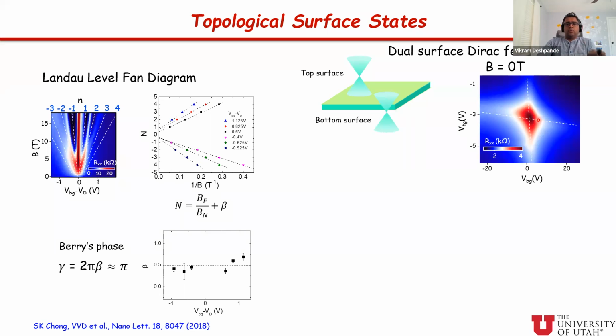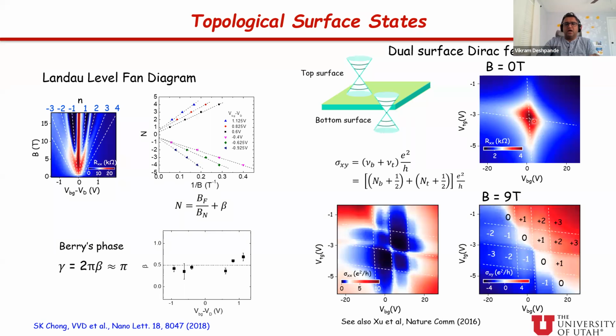Okay, so now applying moderate amounts of magnetic field, we can get this particular plot to quantize. I'm plotting here the longitudinal conductivity and the Hall conductivity of the sample as a function of the top gate and the bottom gate.